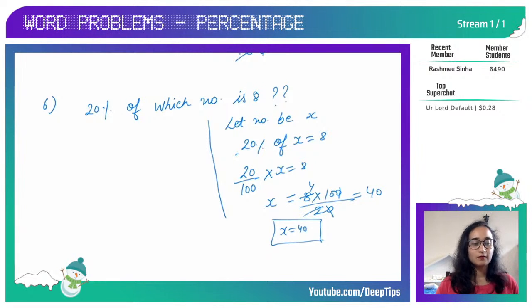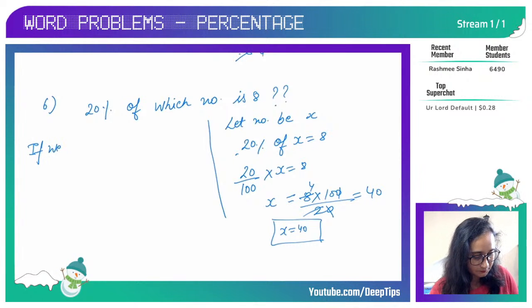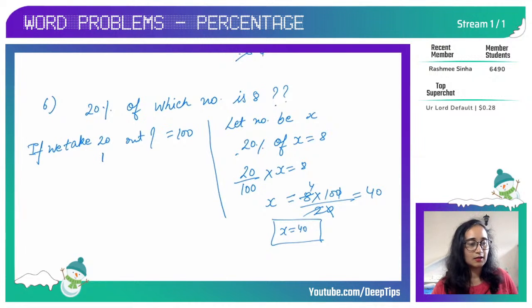And if you want to solve it with unitary method, again we know that 20% is 20 by 100. So if we take 20 out of every 100, then if we take 1, then original number is 100 by 20.